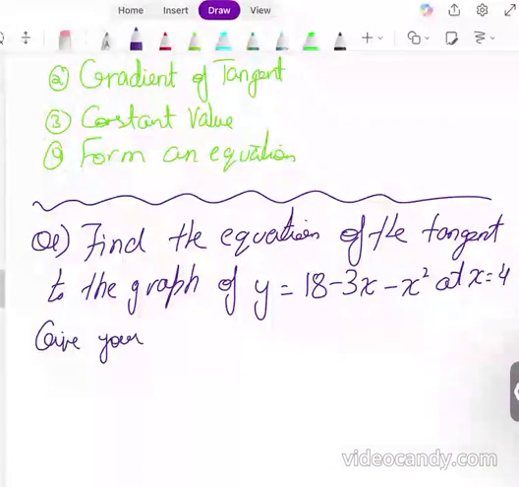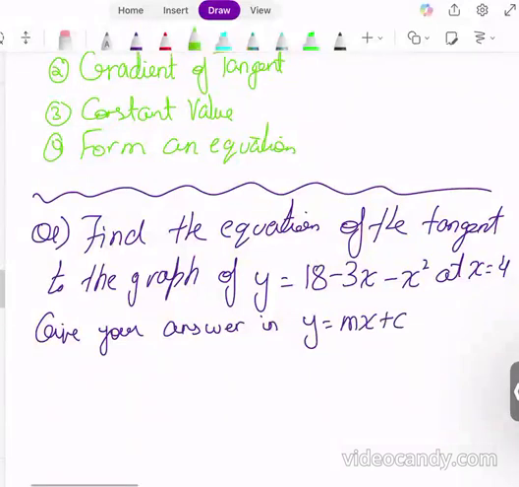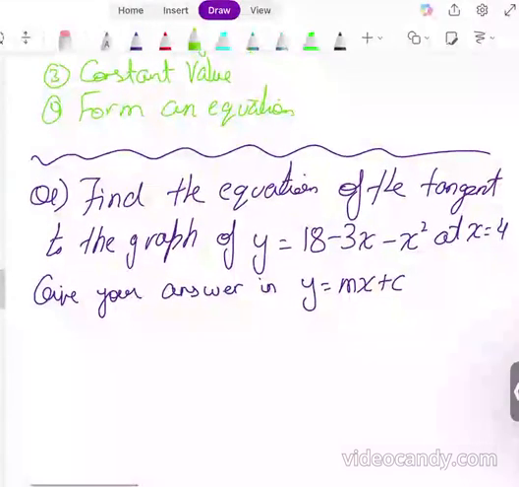Give your answer in the form y is equal to mx plus c. Okay, so this is the question.